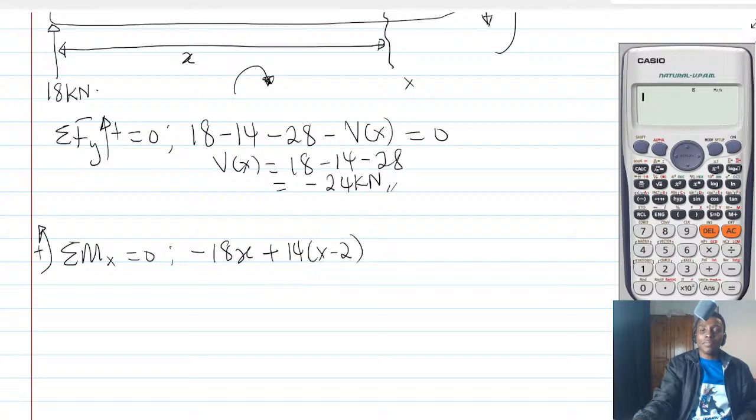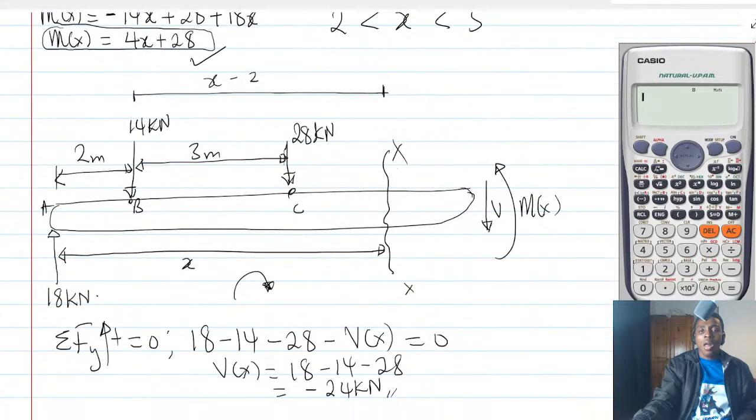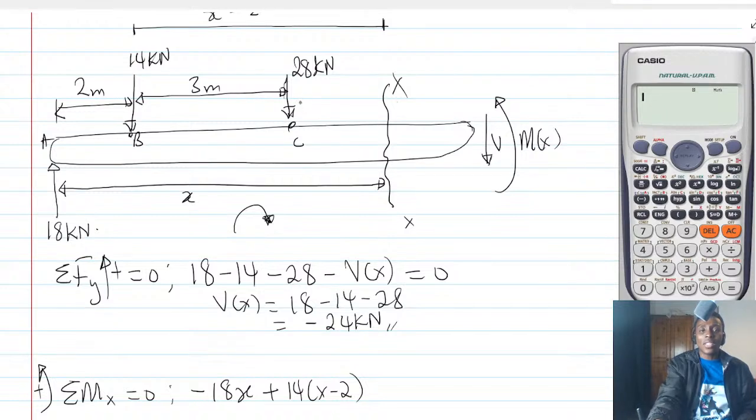And then finally, we have 28, so plus 28. If the whole of this distance 2 plus 3 is 5, then this small distance must be x minus 5.